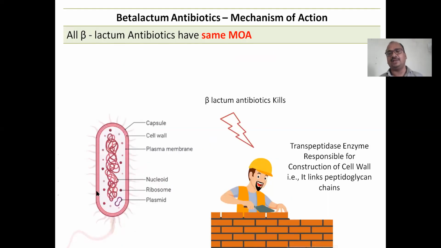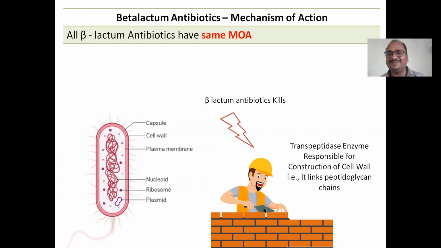Beta-lactam antibiotics are important. How is the mechanism of action? All have the same mechanism of action. First of all, keep this in your mind. We regularly see a person constructing a house wall. In the same fashion, in the bacteria there is one enzyme called transpeptidase enzyme.